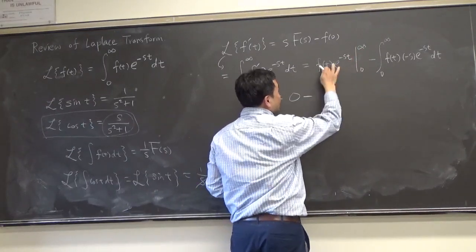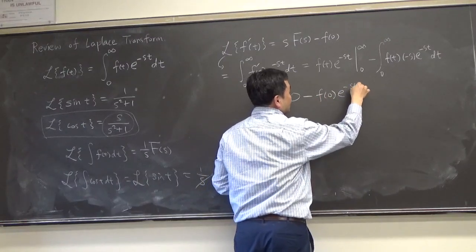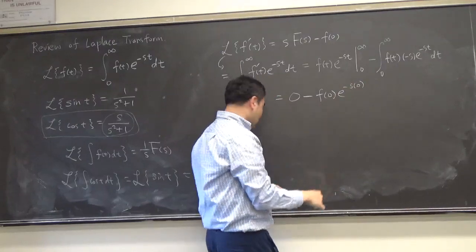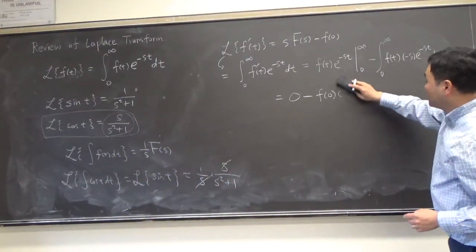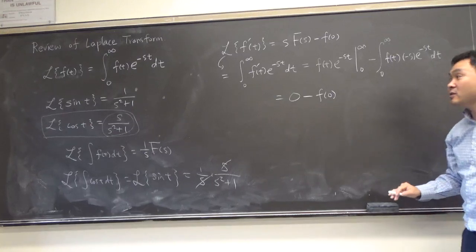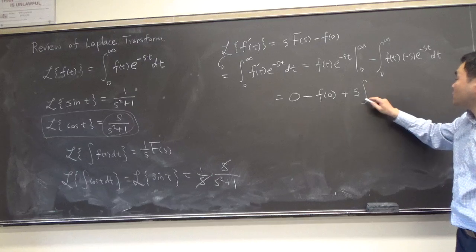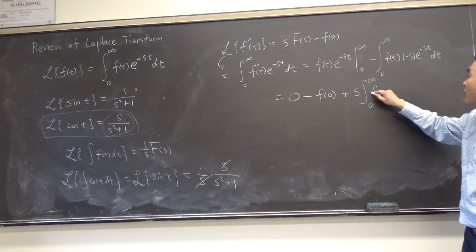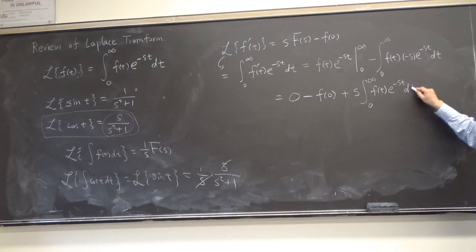Minus, when you plug in 0, you get f of 0 e to the negative s times 0, but that's e to the 0, which is 1. Then minus minus is plus s times the integral from 0 to infinity of f(t) e to the negative st dt.